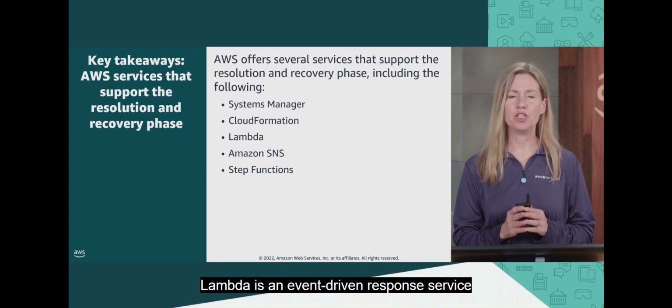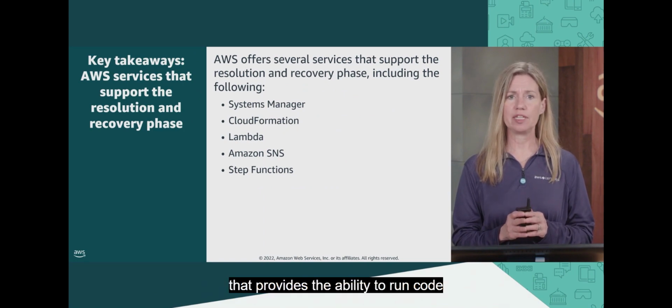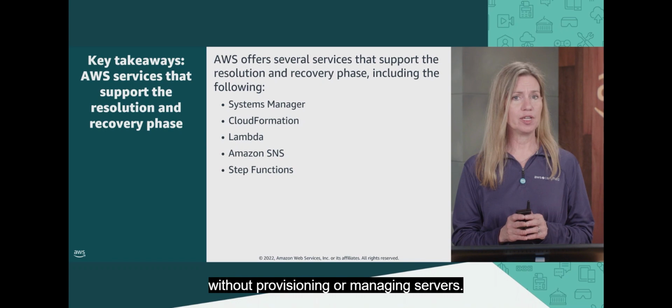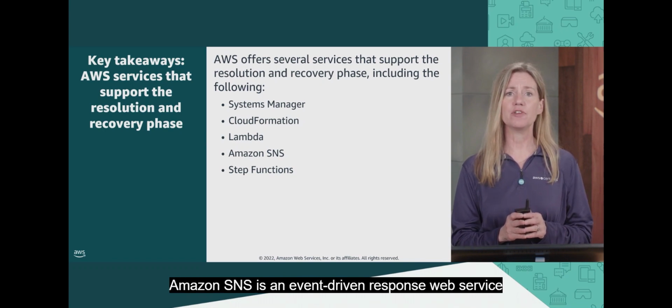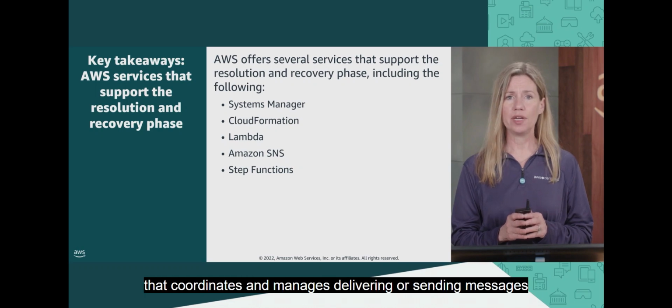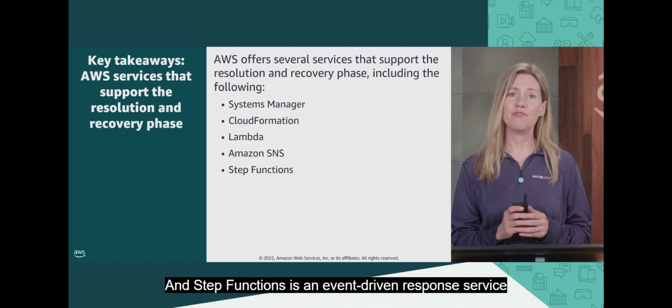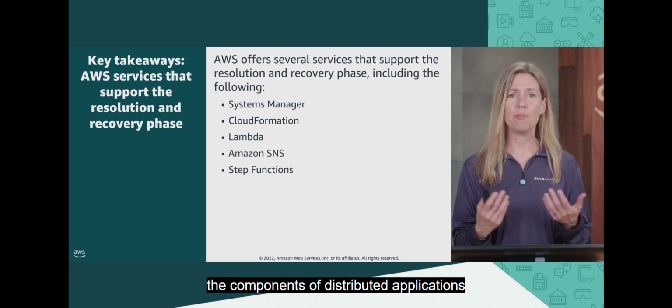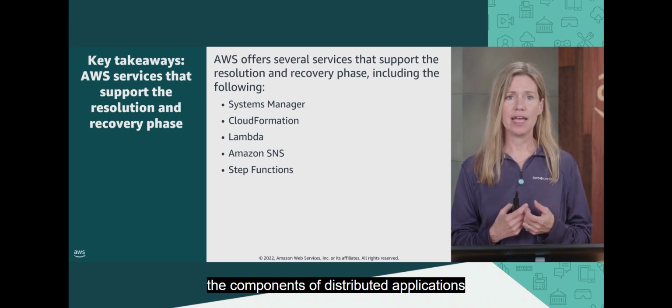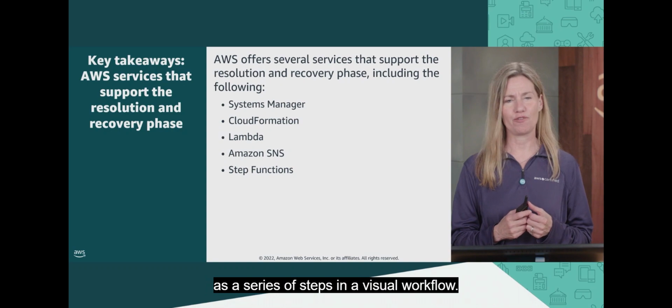Lambda is an event-driven response service that provides the ability to run code without provisioning or managing servers. Amazon SNS is an event-driven response web service that coordinates and manages delivering or sending messages to subscribing endpoints or clients. And Step Functions is an event-driven response service that makes it easy to coordinate the components of distributed applications as a series of steps in a visual workflow.